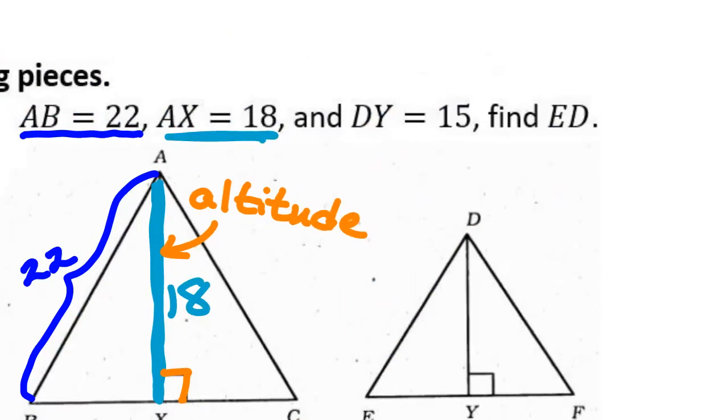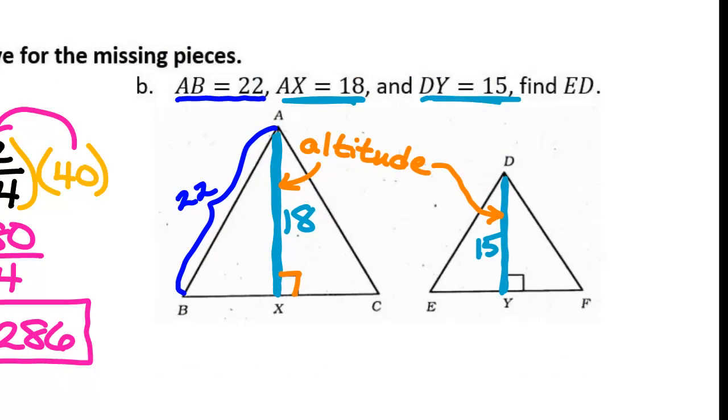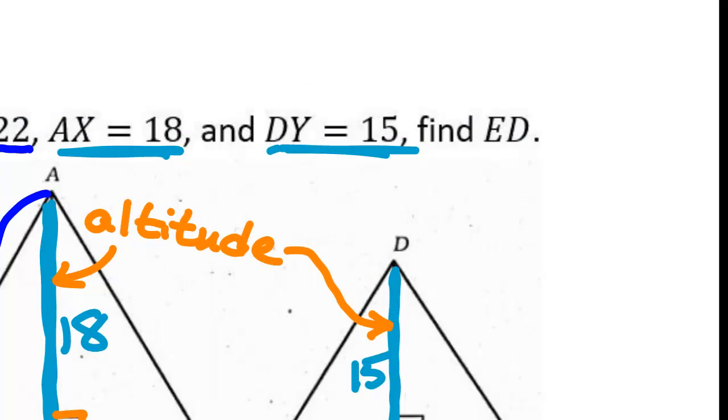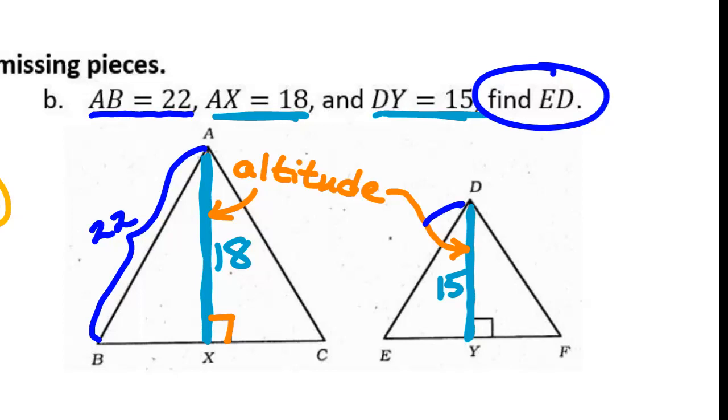Right, it says DY is 15 right here. What would we call DY? Yep, DY is also an altitude because it's making a right angle here at Y. And it says we need to find ED. So we're going to be looking for this, and what can we call that? We can call that x.